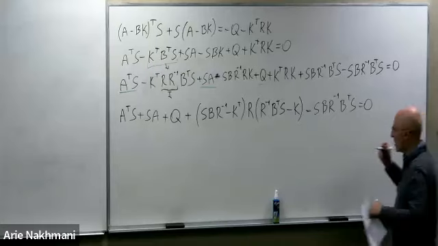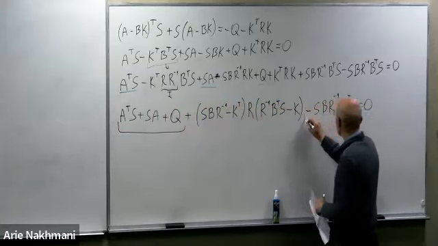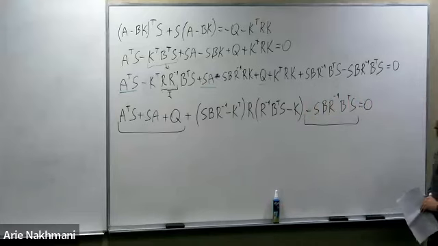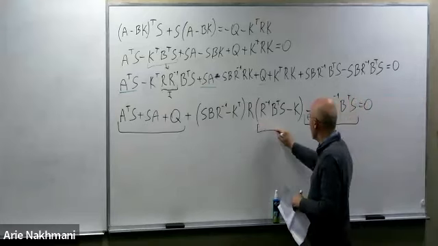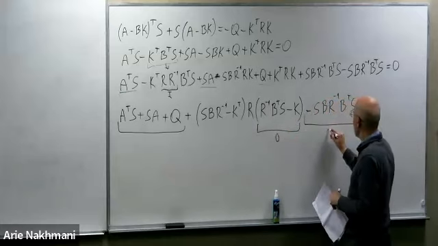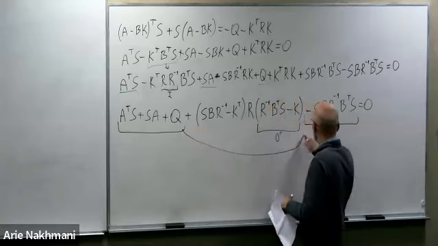So if you're looking at that part and that part together, you want it to be 0. And that part you want to be 0. This part together is this part.